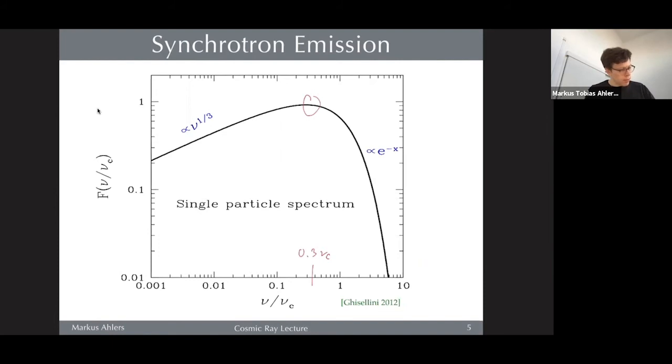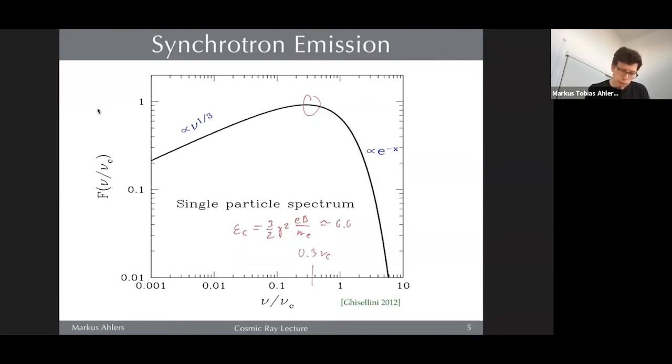So the critical energy of the photon is going to be 3/2 gamma squared times e B over m_e. And you can calculate that for the energy and the magnetic field that I just used for the calculation of the synchrotron loss time.